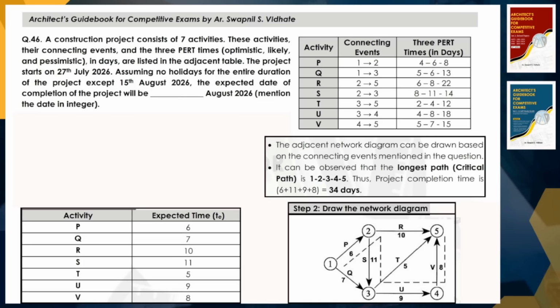Now what they are asking is, assuming no holidays for the entire duration of the project except 15th August, the expected date of completion of the project. We just need to find what the date will be on the 34th day, with one holiday on 15th August, when the project starts on 27th July 2026.